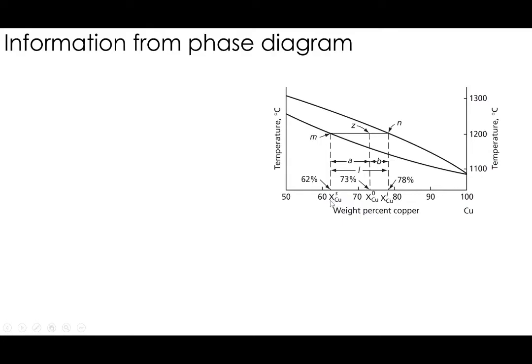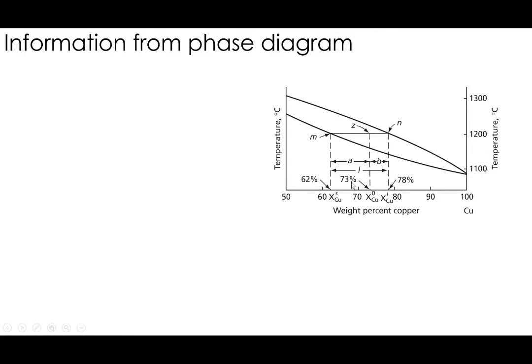X means composition; sometimes it is mentioned using X, sometimes using C. Only the copper amount is given. The remaining value, 100 minus this value, is your nickel content. So the copper content in solid is this, which is the composition of solid or alpha. Here X copper of L is given, that is the liquid. So the composition of liquid and composition of solid are marked.